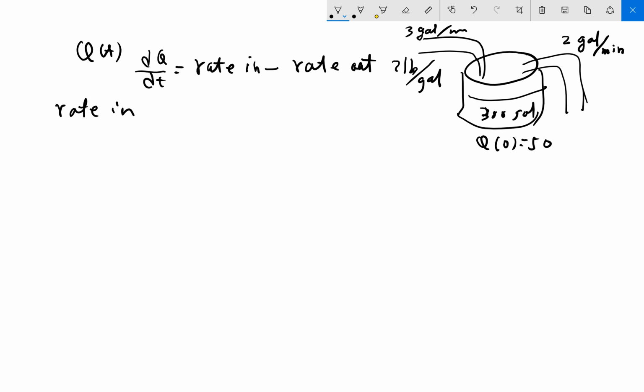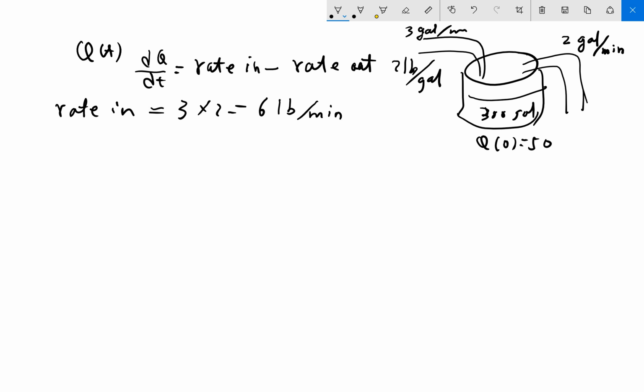The rate in is 3 times 2, which gives you 6 pounds per minute. Which means that the rate of substance getting in is 6 pounds per minute. Now it mixes with the solution in the tank, then gets out, with the solution getting out at 2 gallons per minute.